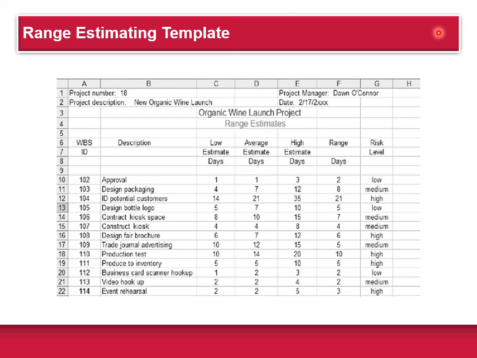On the other hand, for the ones that are low, 102, 105, and 112, the group feels that the risk of the work packages not coming in at that low cost is very low.